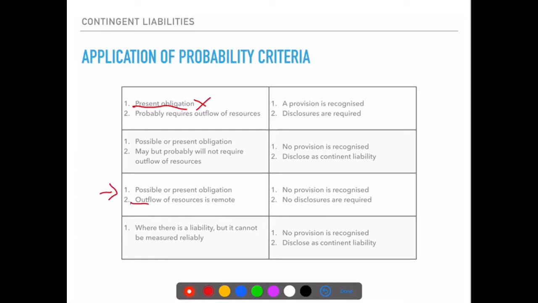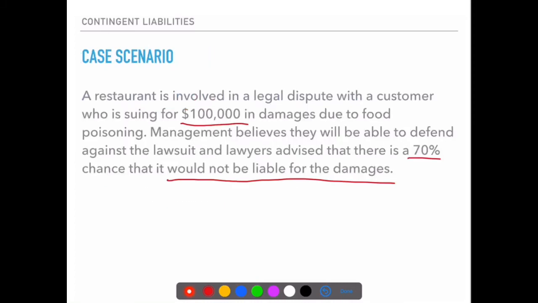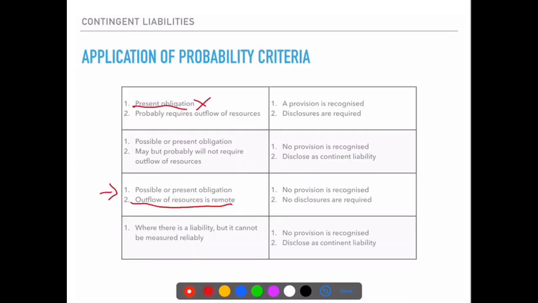Is the outflow of resources remote? Looking at the case facts again, there's a 70% chance that it would not be liable for damages. There's still a 30% chance that it would be liable. So I wouldn't call that remote. So no, this would not apply in our case.